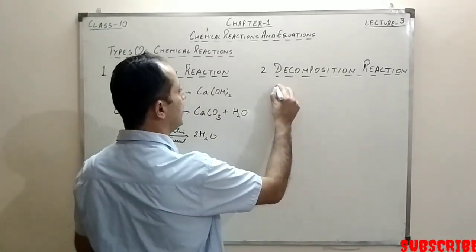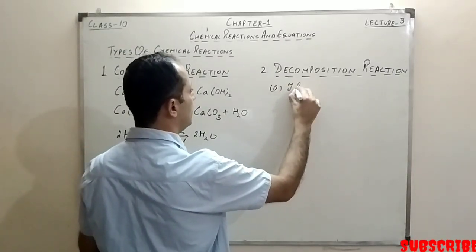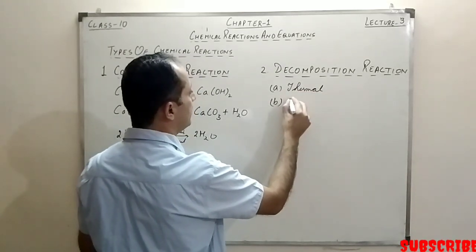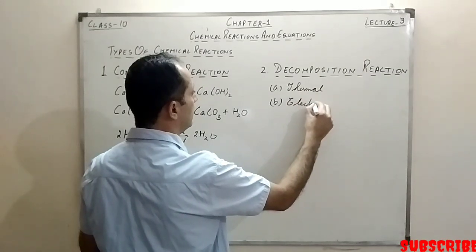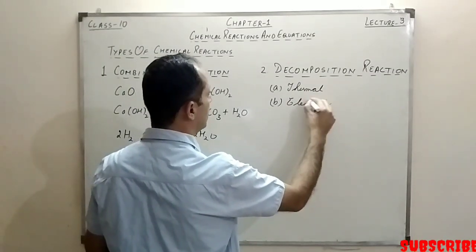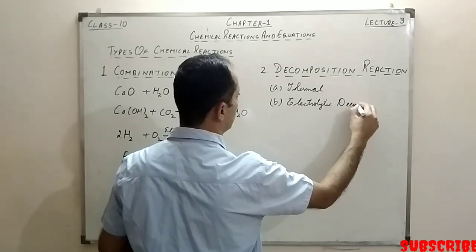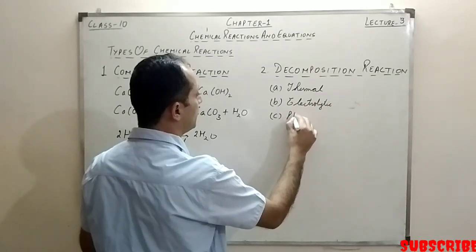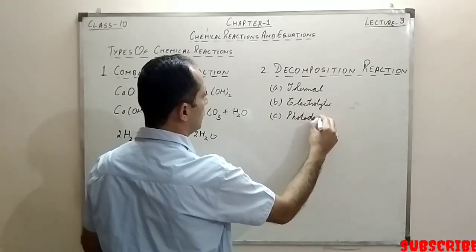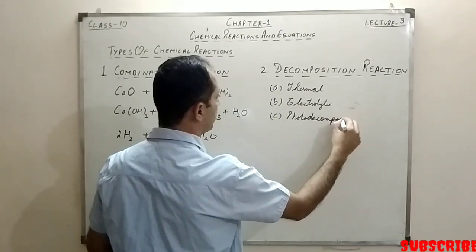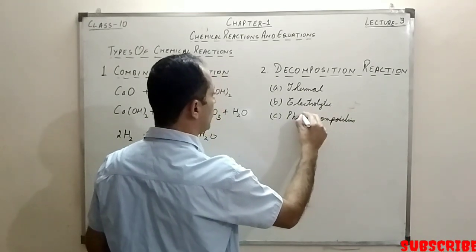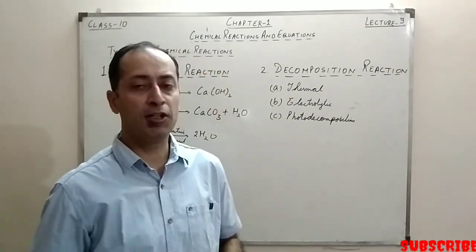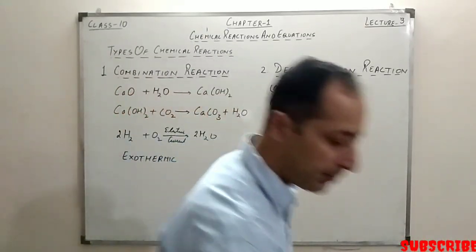The first is called thermal decomposition, the second is called electrolytic decomposition, and the third is called photo decomposition. So let's talk about them one by one.